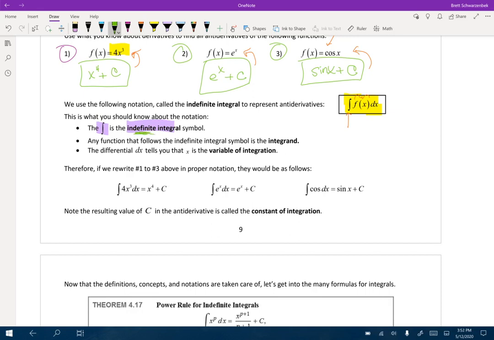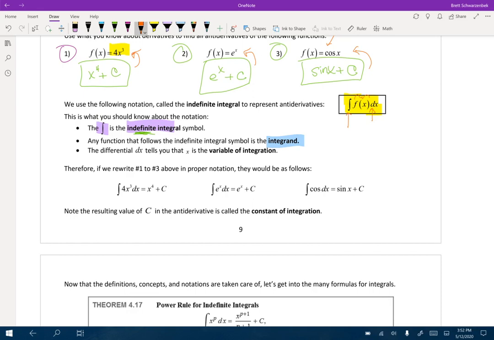For now, it's indefinite, which means there are no two values that we're integrating between. So that's next. And then the last part, which is kind of bizarre to look at, is this right here, dx. That's called the differential, also called the variable of integration, which is x.